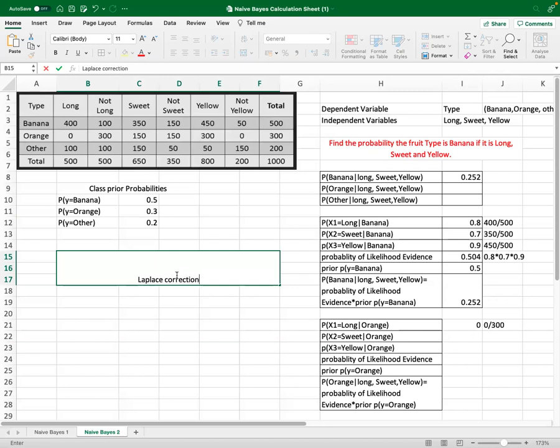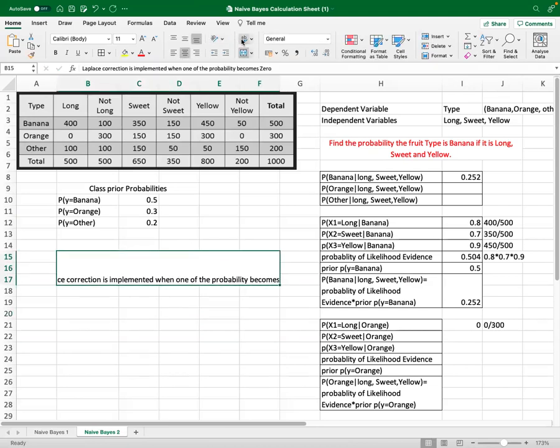Laplace correction is implemented when one of the probabilities becomes 0.